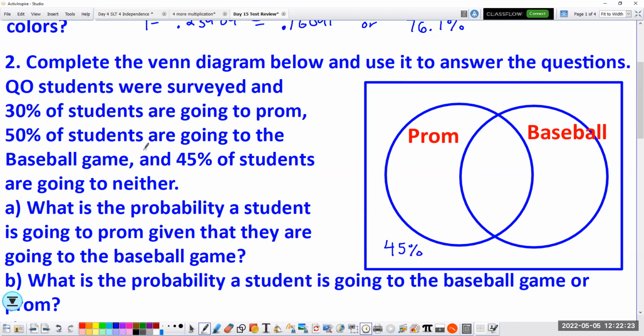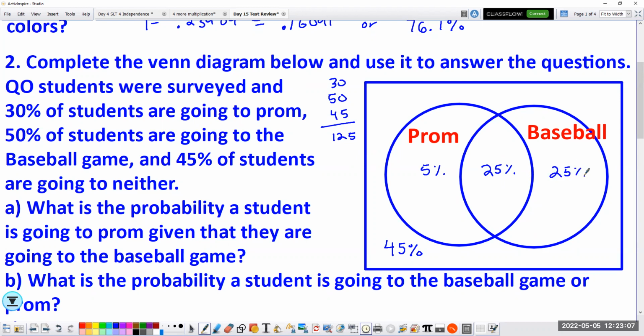What I don't know is what percentage of kids are going to both the prom and the baseball game. So when I consider my 3 values, 30% going in the prom circle, including the overlap, 50% going in the baseball circle, including the overlap, and then the 45% that are going to neither, if I add those up, I get 125, which means I'm 25% over, and that must mean that 25% of the children are going to both. 30% minus 25, only 5% are going to prom only, and only 25% are going to baseball only.